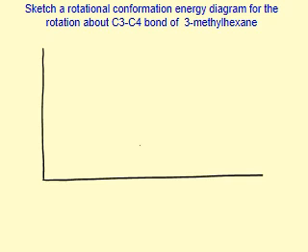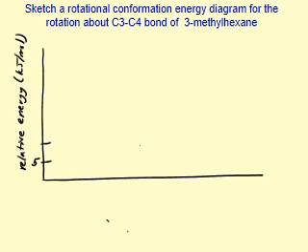Now that we have completed what each of the conformers would look like, we could sketch out the diagram. And whenever you do a diagram, you want to label all of your axes, and then you're either going to want to redraw the conformers or use those Roman numerals to label them, much like I showed you a moment ago, where I identified which ones were each. So we're going to talk about our relative energies in terms of kilojoules per mole, and recall that those ranged from almost 4 to 21.